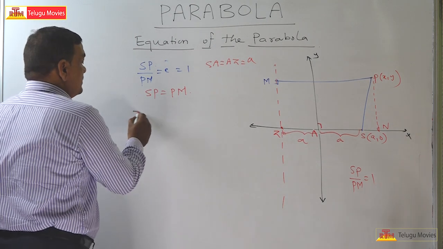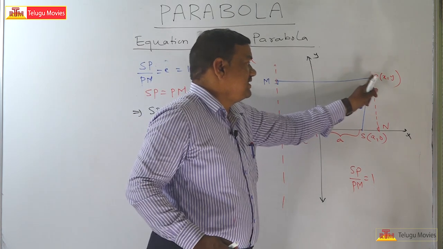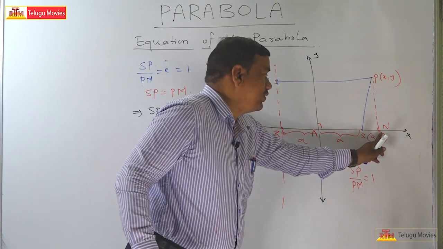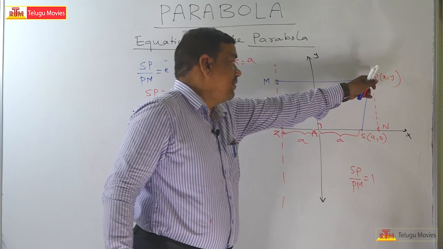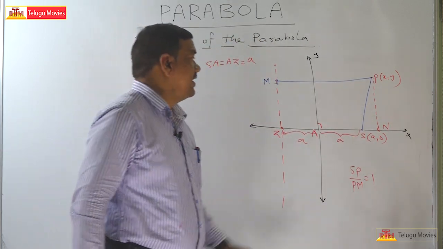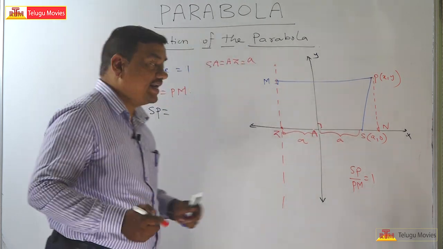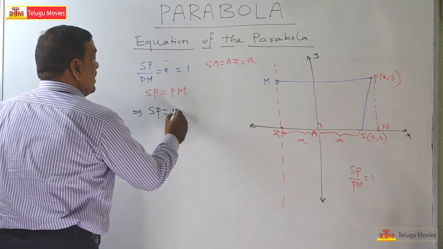So this implies SP is equal to, in place of PM, can I write NZ? Here PN is perpendicular to the x-axis. Yes, I can write NZ.